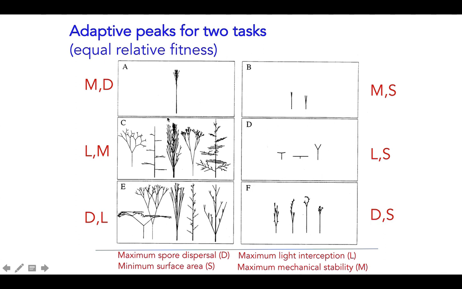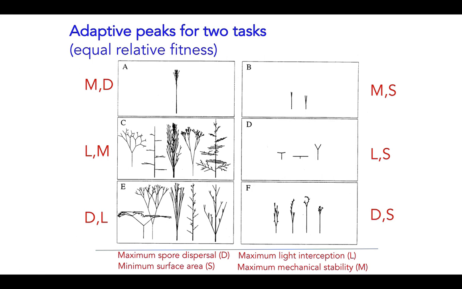Here is the phenotype that maximizes two tasks. This is a plant that's good at biomechanical stability and dispersal. Whereas in B, these are phenotypes that are good at maximum mechanical stability, but also minimizing external surface area. Here are phenotypes that maximize the two tasks, light interception and mechanical stability, and so on. And so you can see by the different combinations, LS, DS, and DL, we get additional types of phenotypes.